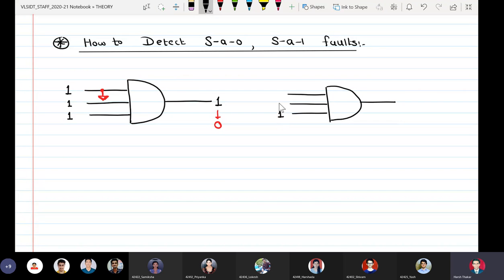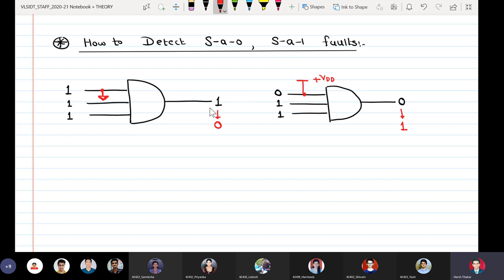So 1, 1, and if I apply a 0 here, then my output has to be 0. If this particular input has got connected to VDD somehow, then I will get a logic 1 at the output.